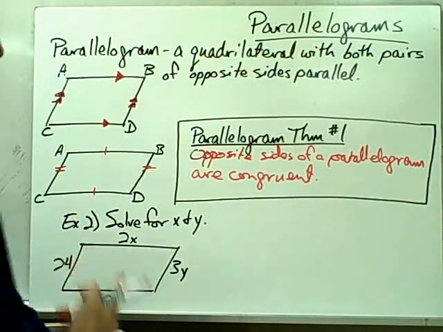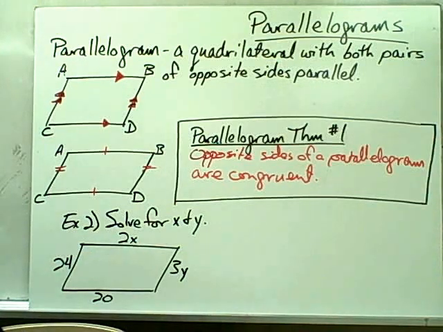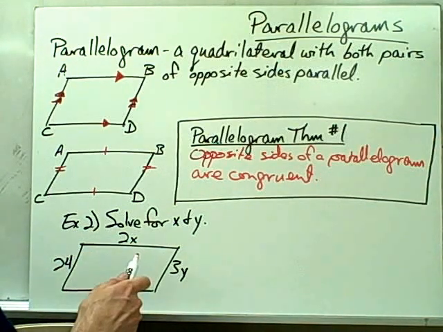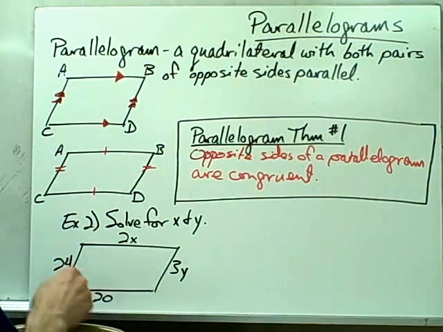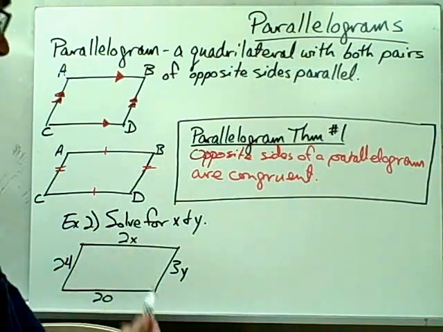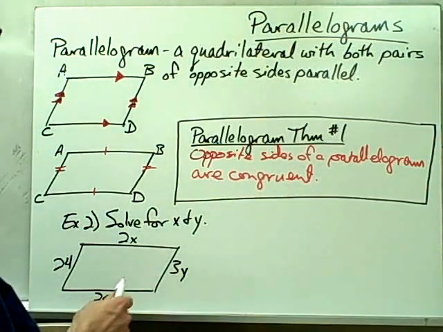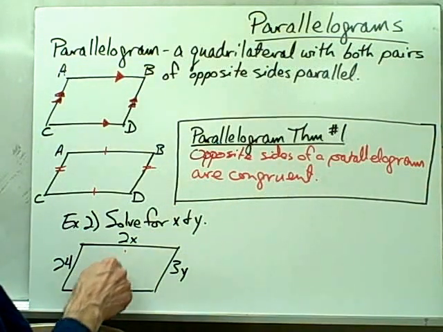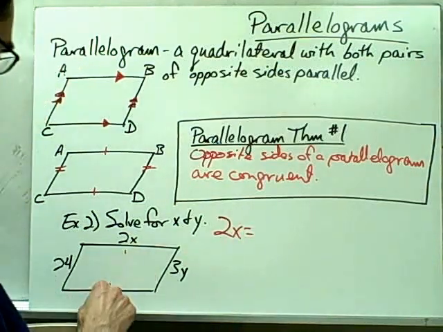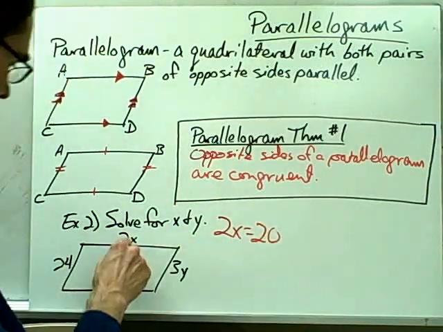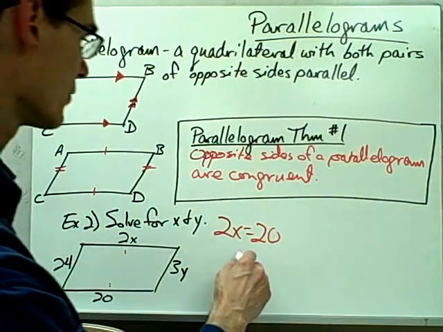So I'm going to skip example number 1. Example number 2, in your notes it says solve for x and y. I've got the sides labeled with these different expressions, and I can use the fact that opposite sides are congruent to set up my equation. So if I start with this one, 2x must be equal to 20, since these are opposite sides, so those sides are congruent.